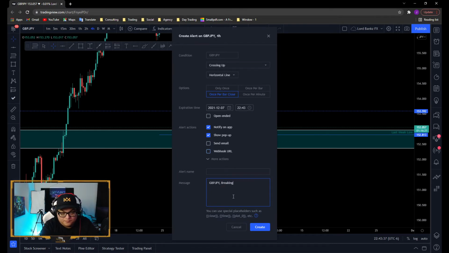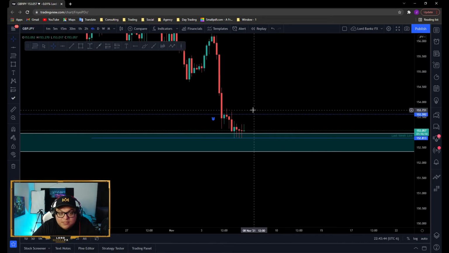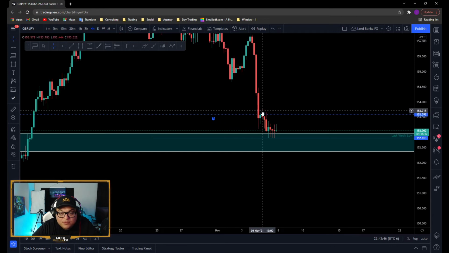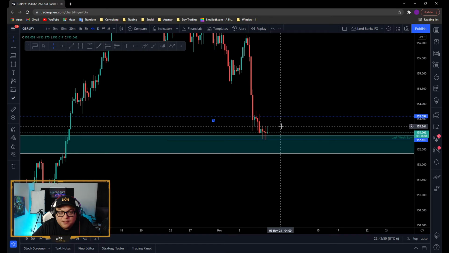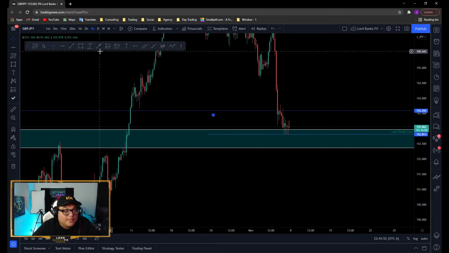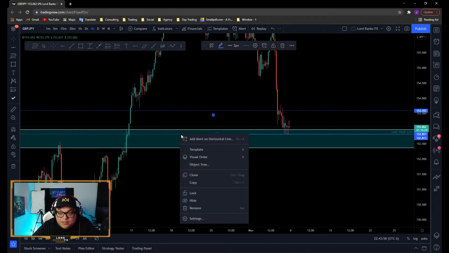At this point, I want to see it break above this and close to tell me that, okay, we're headed up. At the same time, I'd like to know when we're breaking below last week's low.